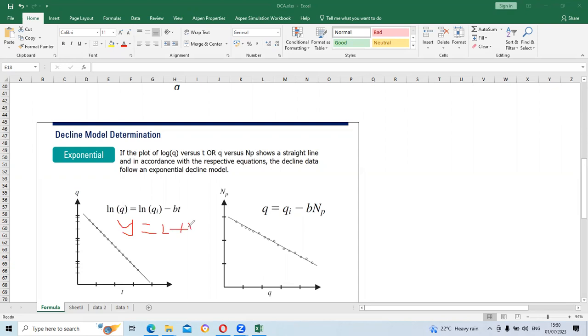If I draw a graph of y against x, what is attached to x becomes the gradient, and then this value gives us the y-intercept. So if I draw a graph of ln q against t, it will give me a straight line, and the gradient of that graph will give me the value of b.